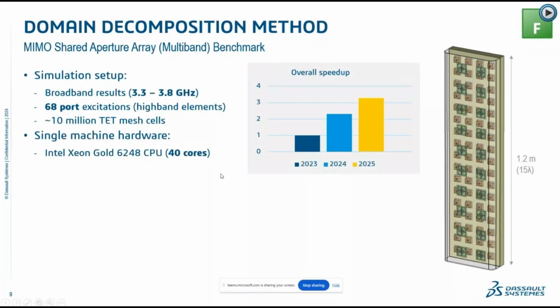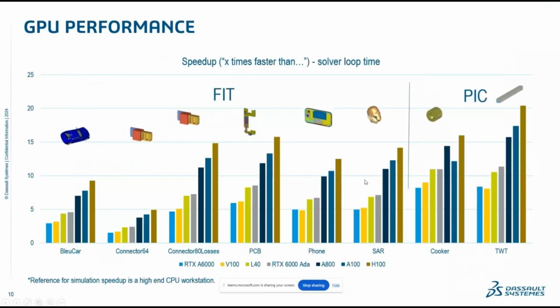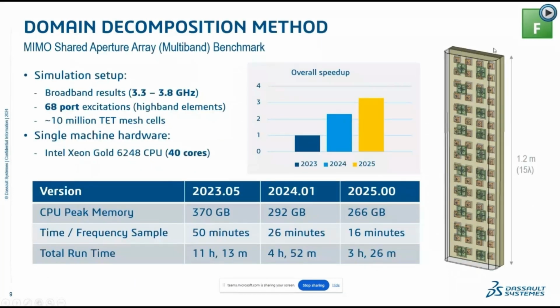This is being solved in around 3.5 hours in the latest software version, which is not possible with the classical finite element method or the previous versions of the software, right? But not only that, you can also utilize GPU acceleration for the domain decomposition method. Of course, you can also send this particular model to a multi-node MPI technique, which is also supported by the domain decomposition method.